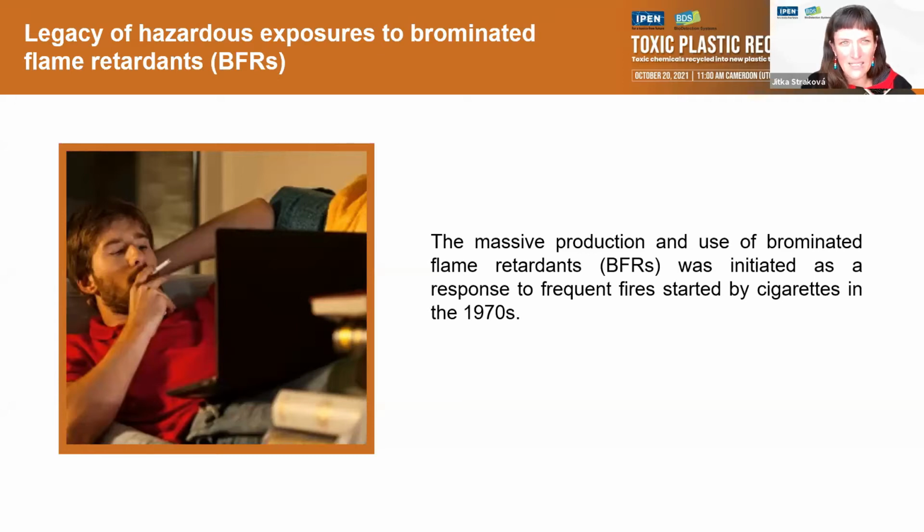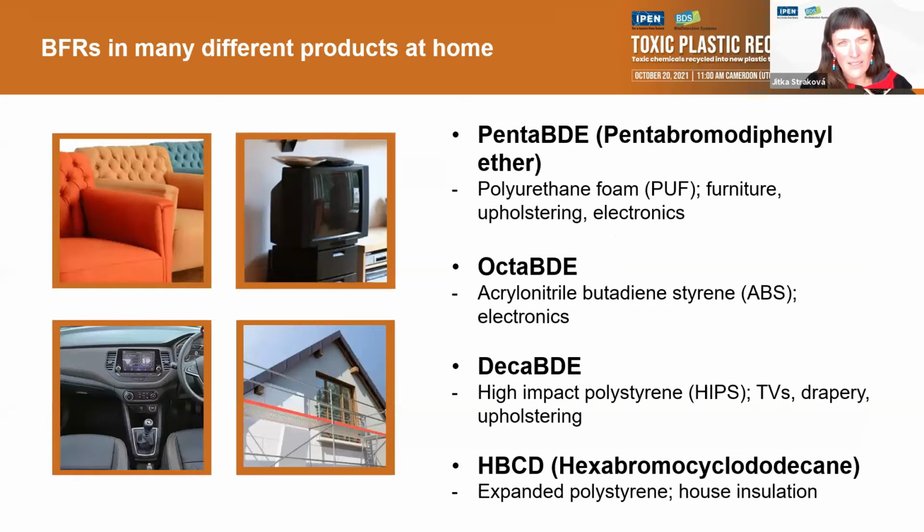As a result of those measures and application of brominated flame retardants into many products, we can find brominated flame retardants in many different products in our homes. Pentabromodiphenyl ether was historically used in foam filling of furniture, mattresses, and car seats.